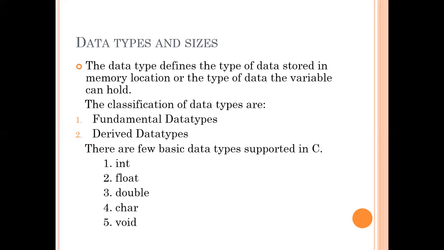Do not use lowercase l for long, as it is usually confused with the digit 1. Do not combine declarations with executable statements. Do not use a semicolon at the end of the #define directive. These are some of the important points that need to be remembered.